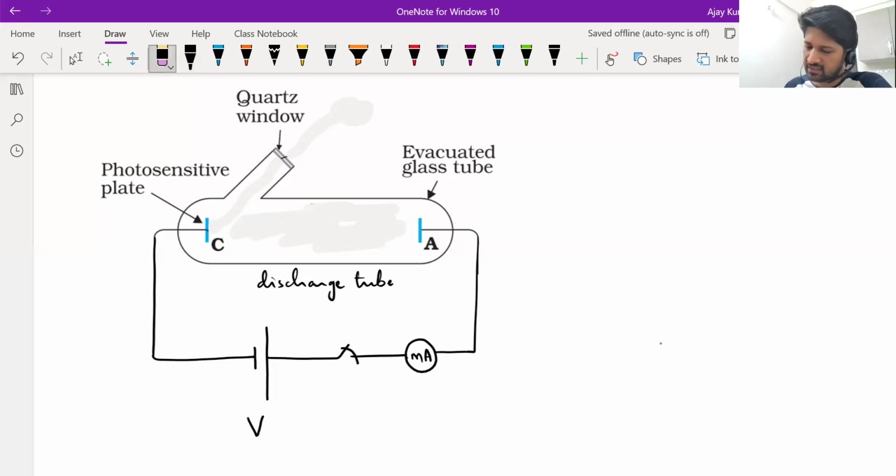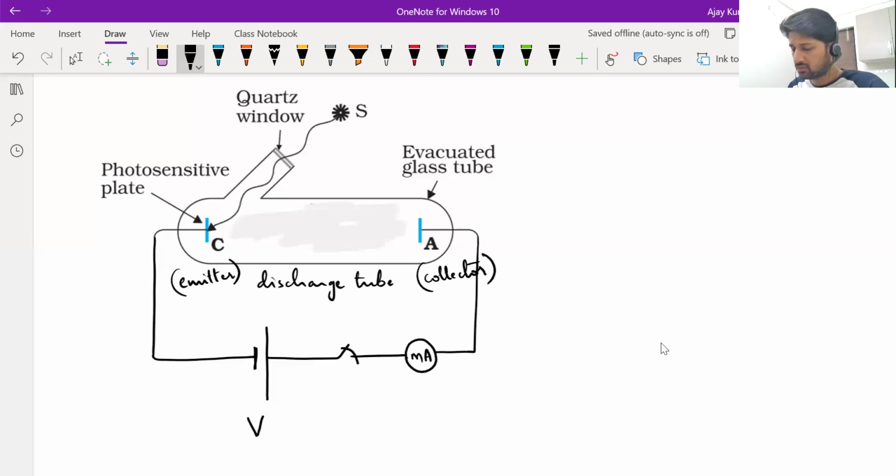But it was found that when radiation is incident on the negative electrode, we call it the emitter plate. The opposite one is called the collector plate. When radiation is incident on the negative electrode, it was found that the current is non-zero.